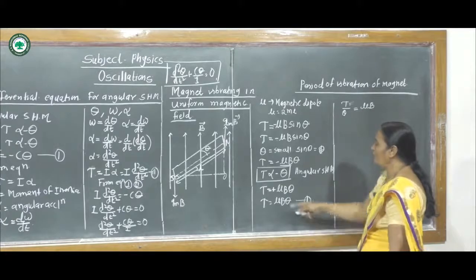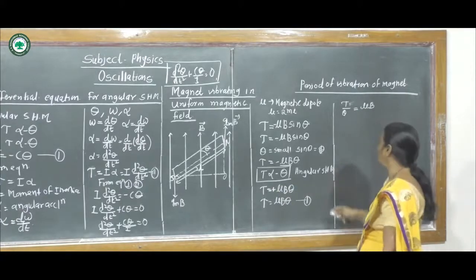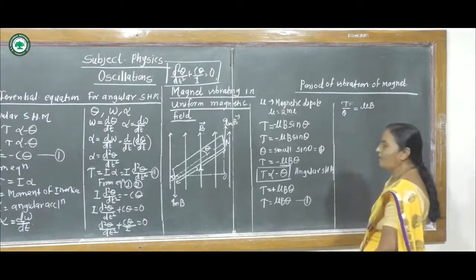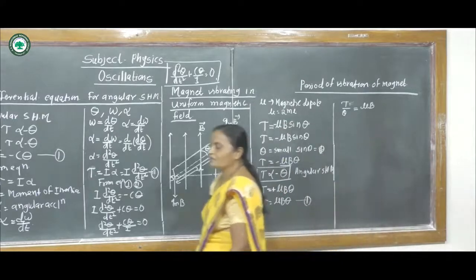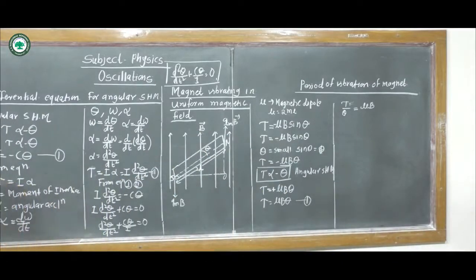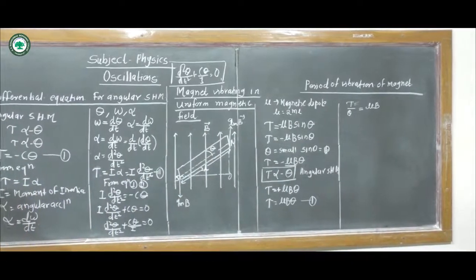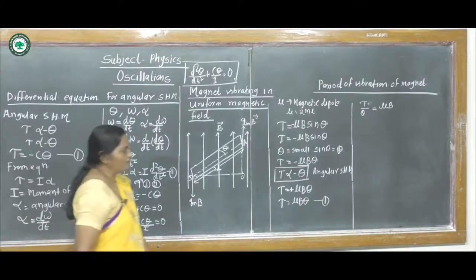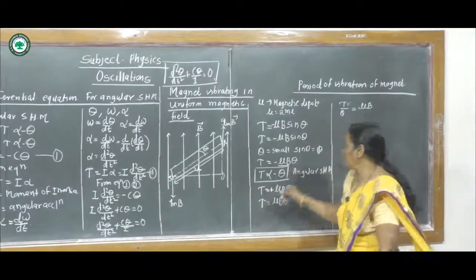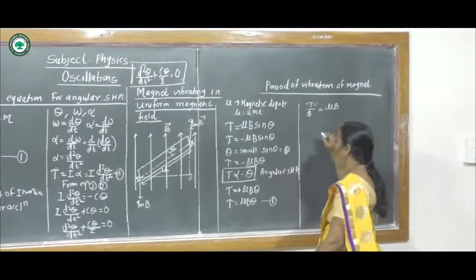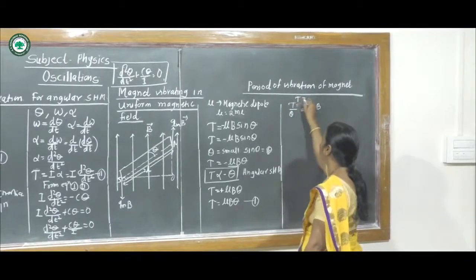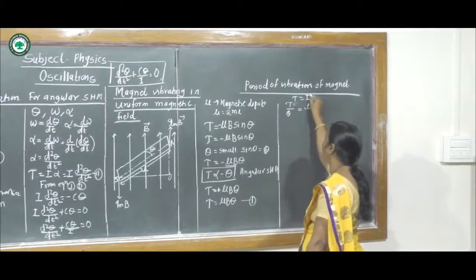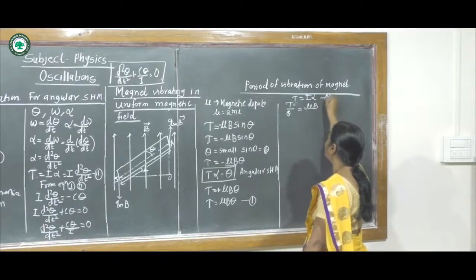Then we consider torque is equal to I alpha. This is equation number 2.